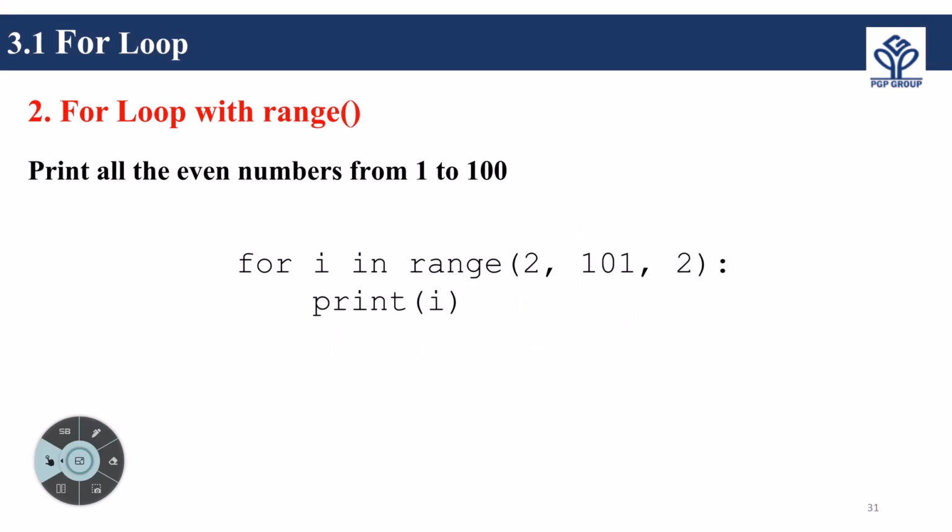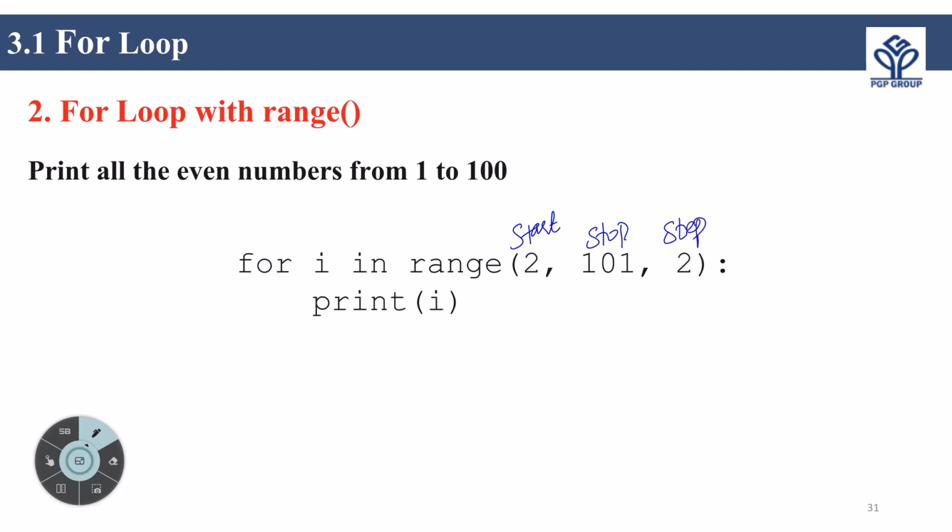Next one, for loop with range, print the even numbers from 1 to 100. As I already told, we use the syntax start, stop, step. Clear?